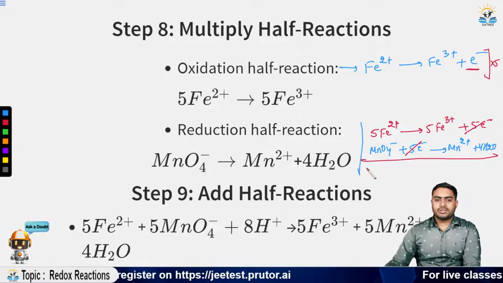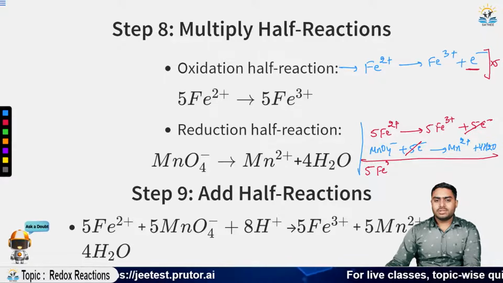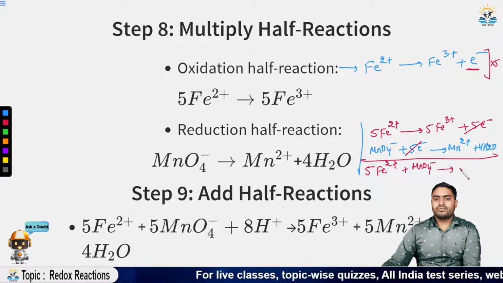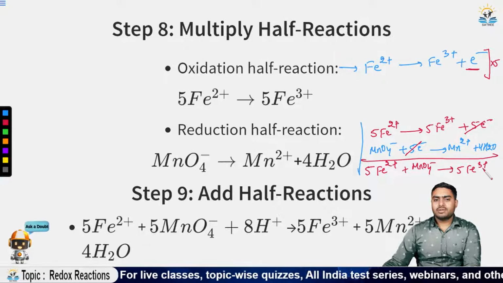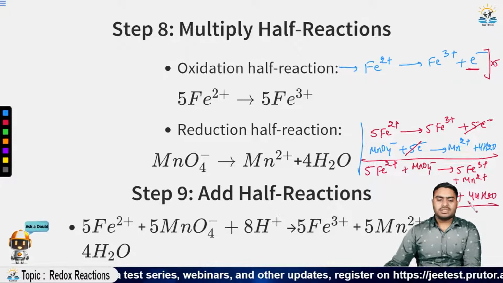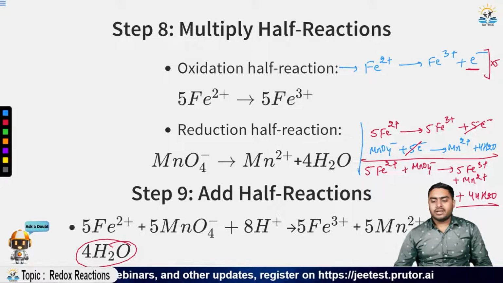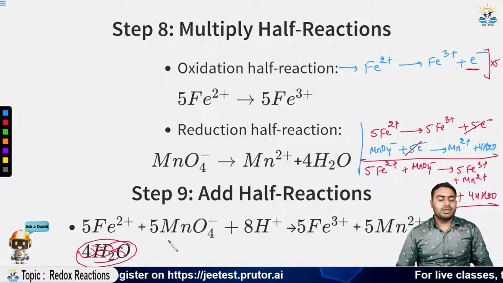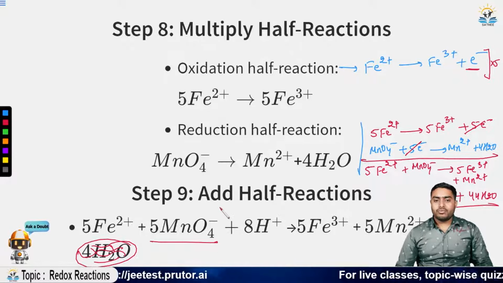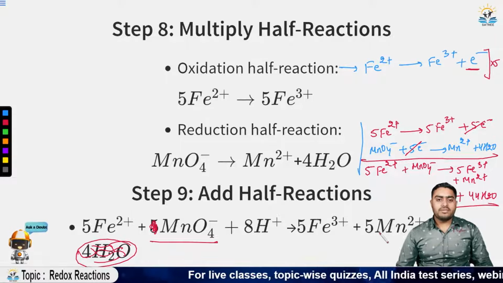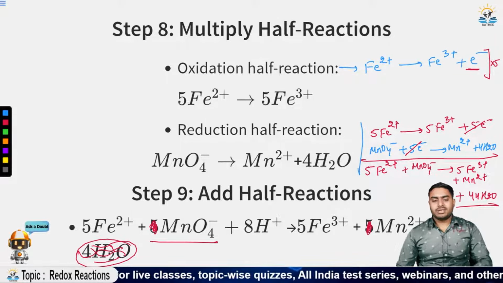Then you will get the equation 5 Fe2 positive plus MnO4 negative gives 5 Fe3 positive plus Mn2 positive plus 4H2O. Now the 4H2O you have to write here. Okay, now you can see the equation 5 Fe2 positive plus MnO4 negative plus 8H positive gives 5 Fe3 positive plus Mn2 positive plus 4H2O.